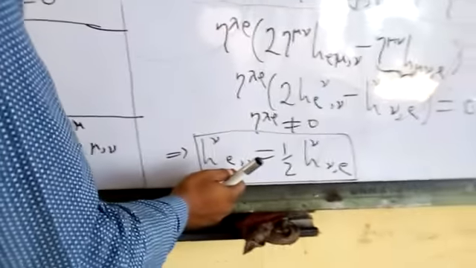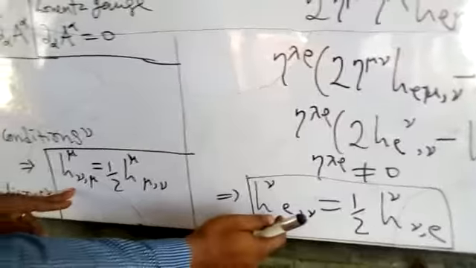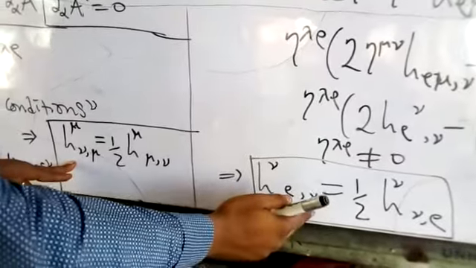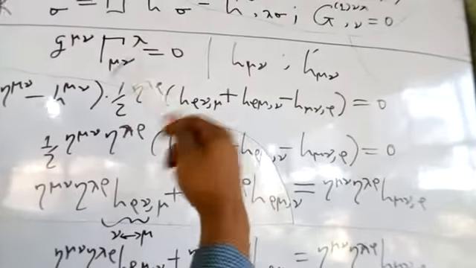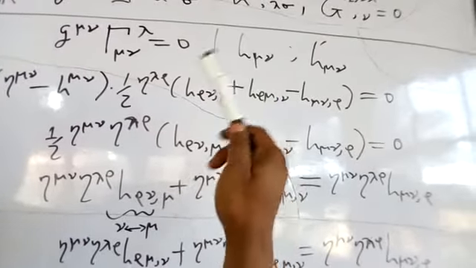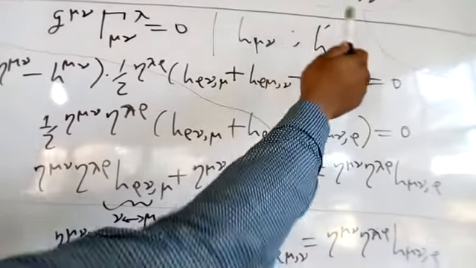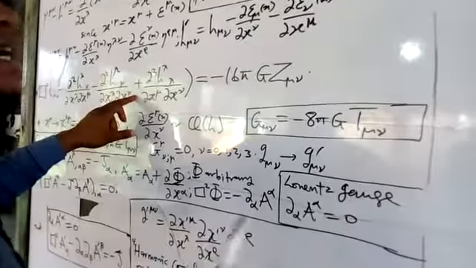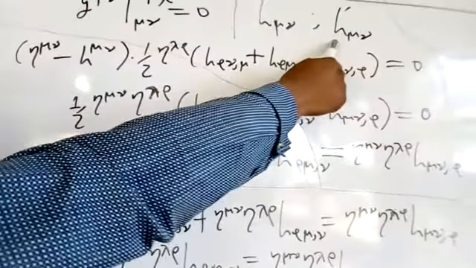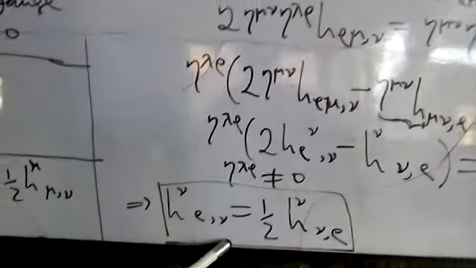So h mu nu, apart from satisfying the Einstein field equation, has to satisfy this expression. If by our coordinate transformation, assuming gauge invariance, this also satisfies the Einstein field equations, then h mu nu necessarily has to satisfy these two.